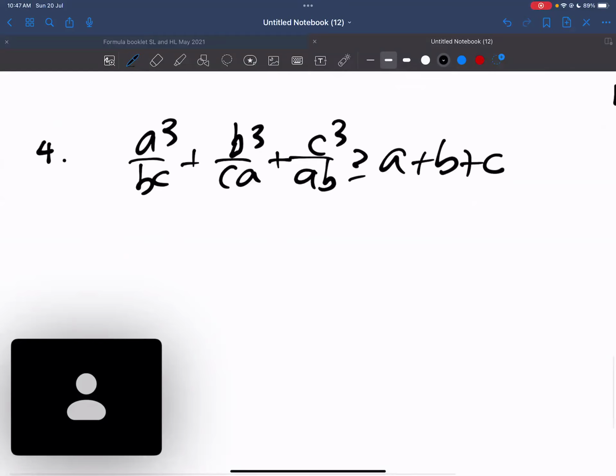Okay, so, let's try to get rid of the stuff on the denominator again, because here we have a bunch of fractions. So, if we multiply both sides by ABC, then this is what we get.